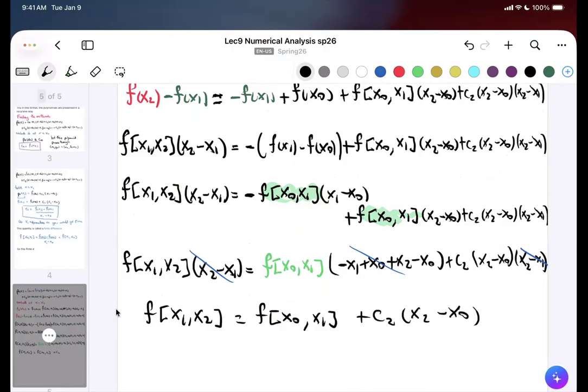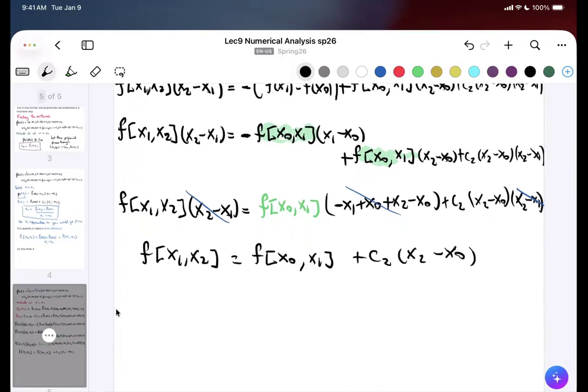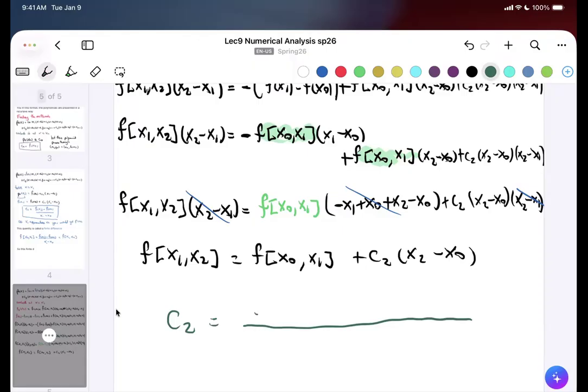Okay, and then let's just solve for C2. So if you solve for C2 here, what do you get? You get the divided difference of x1, x2 minus the divided difference of x0 with x1, over x2 minus x0.